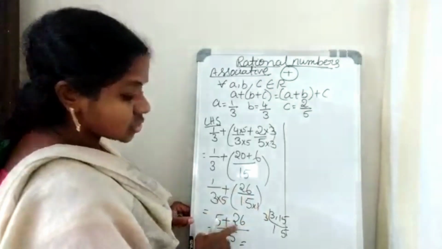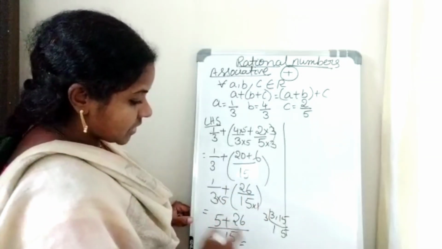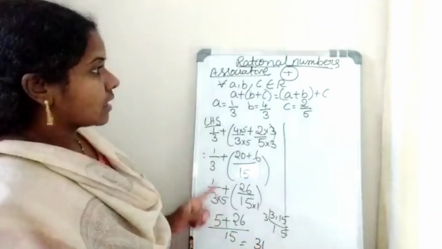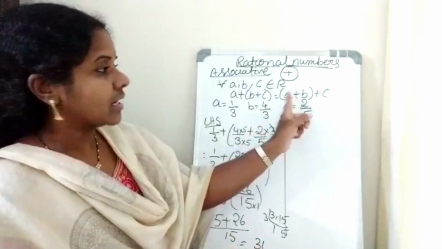So the answer is 26 plus 5 is 31, 31 by 15. Now I am doing the RHS.